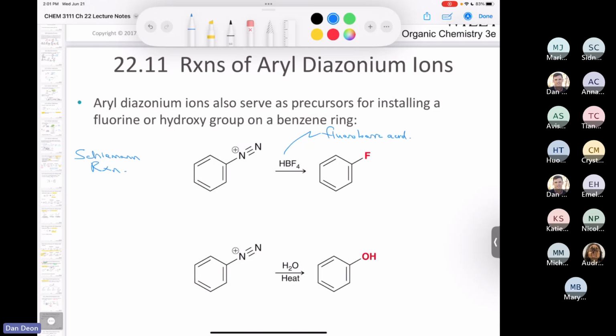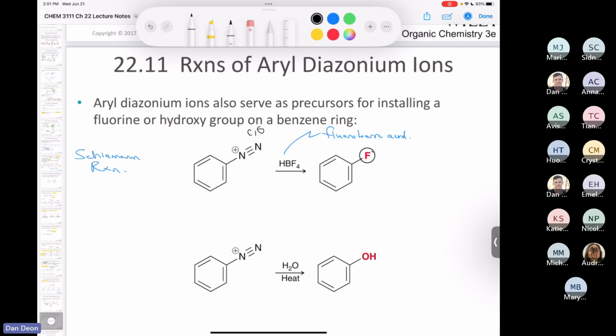So fluoroboric acid with your diazonium salt will install a fluorine. And if you think about it, we've never talked about any way to install a fluorine on an aromatic ring. In fact, it can be challenging to do that. So using Sandmeyer-type chemistry, this variation of it, we make an aryl fluoride. So this would be fluorobenzene, of course.